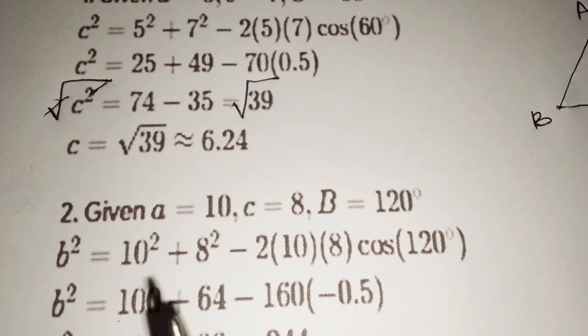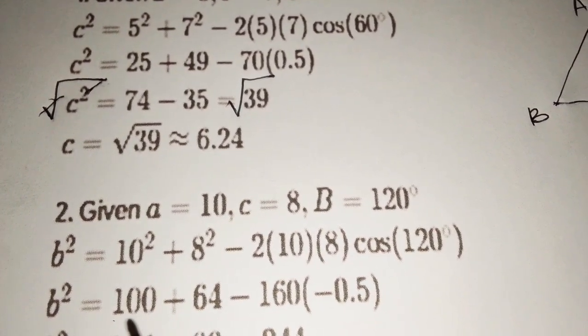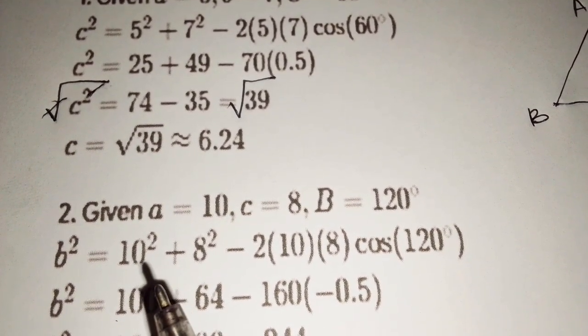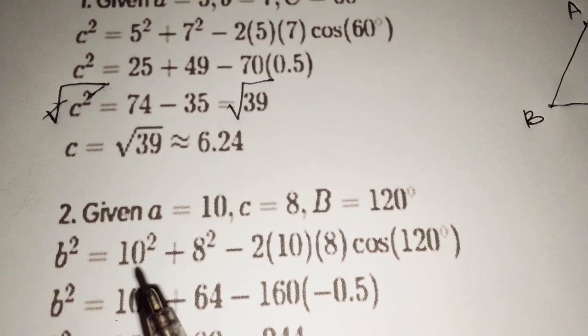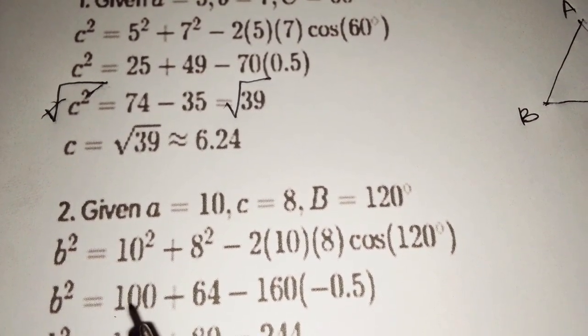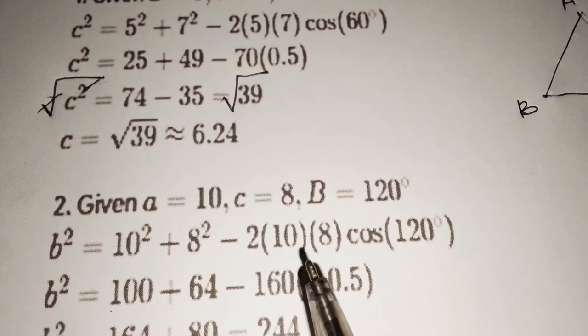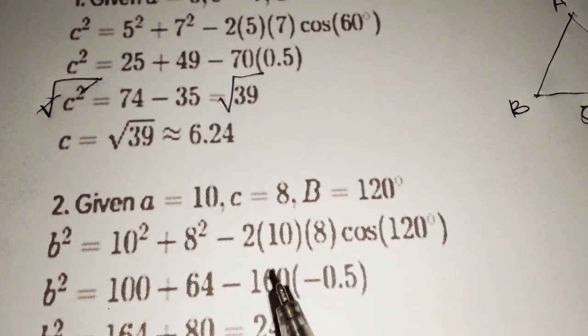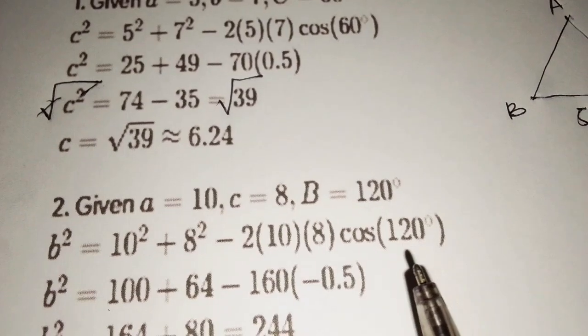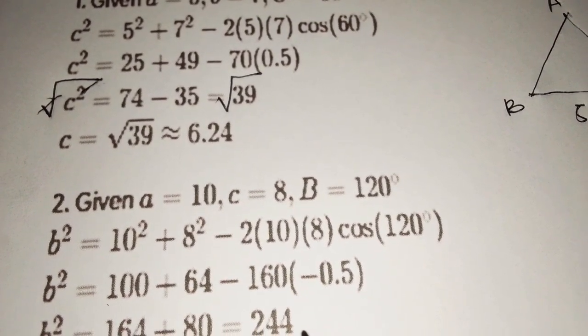So 10 squared is 100. This is not 2 times 10, this is 10 multiplied by itself twice. So 100 plus 8 squared is 64 minus 2 times 10 is 20 times 8 is 160. Then cosine 120 degrees is negative 0.5.